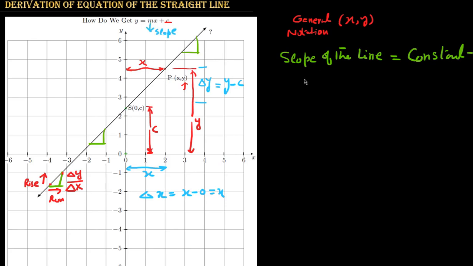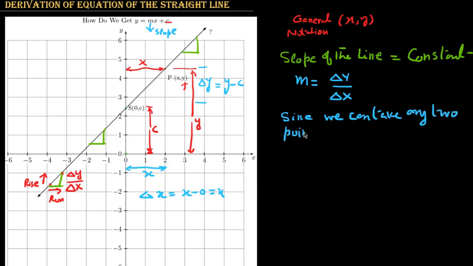So we say here that let's say the slope of the line is M, which is equal to change in Y divided by change in X. Since we can take any two points, therefore we decided to take the slope between P and S. You can take any 2 points, take their y coordinate difference and their x coordinate difference, and you will get the slope.